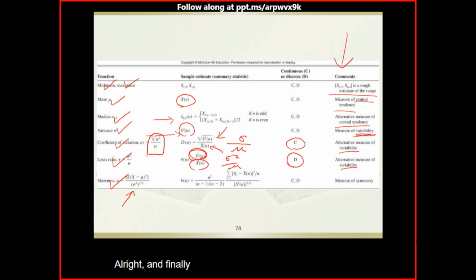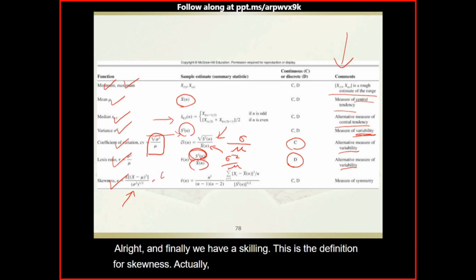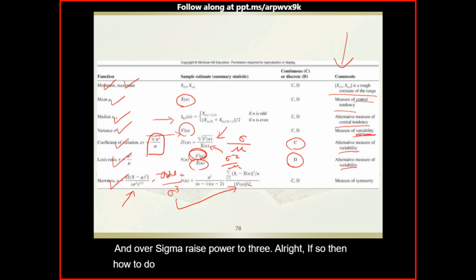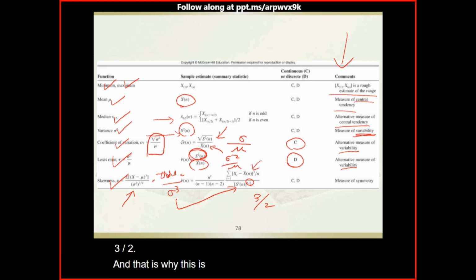This is the definition for skewness. Actually, we have the third central moment over sigma raised to the power of 3. How to do this? We use sample variance with exponent 3 over 2. This is a way to estimate the third central moment.